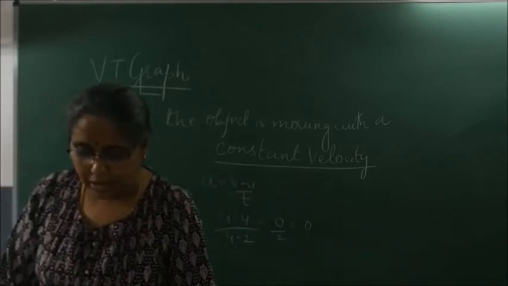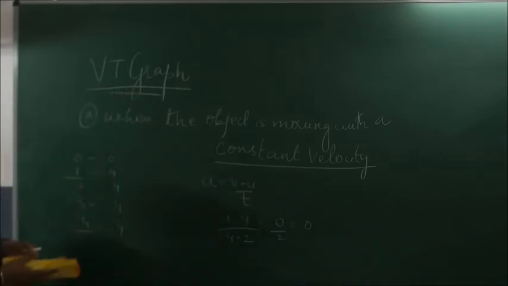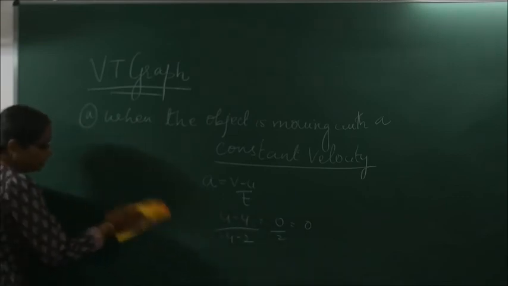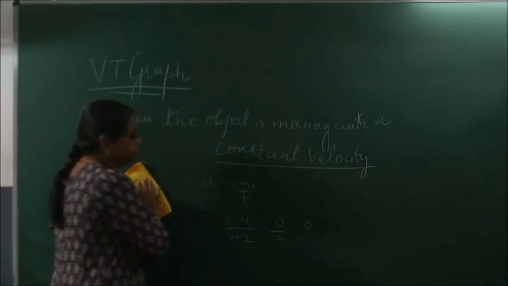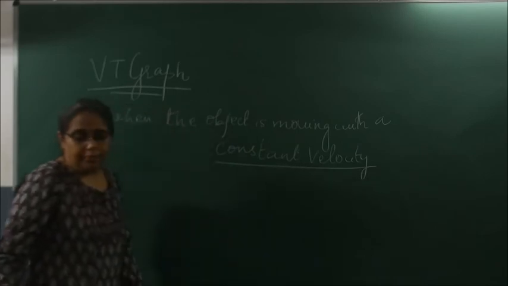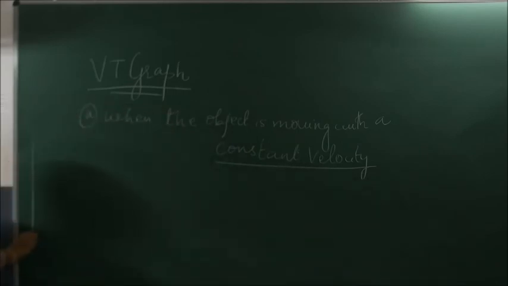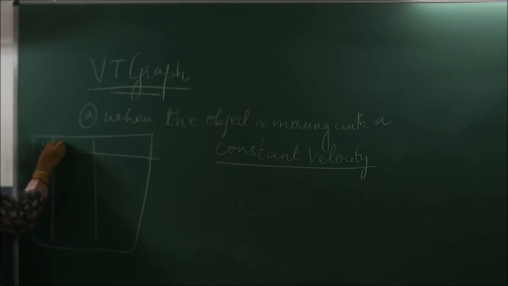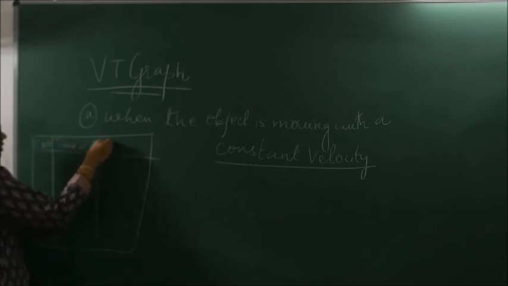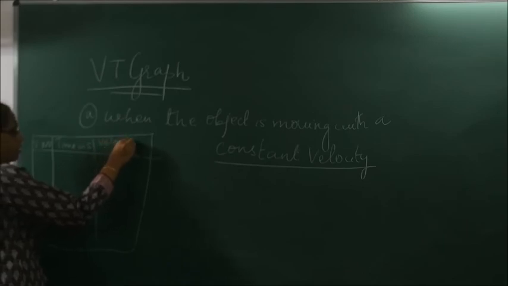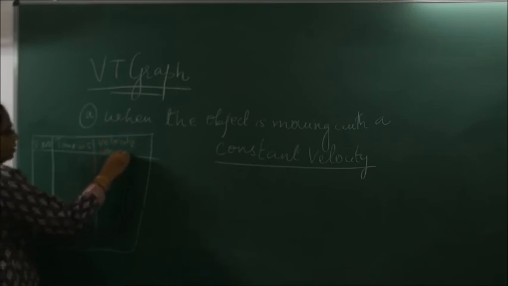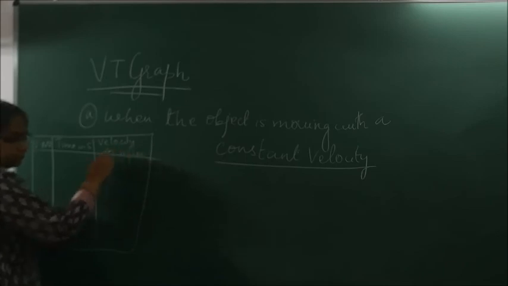So please write. When the object is moving with constant velocity, let us first draw a table. Please draw a simple table. What will be the columns? Serial number, time in seconds, and velocity in meter per second.